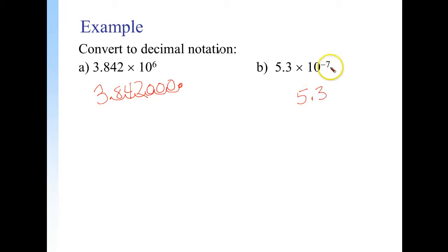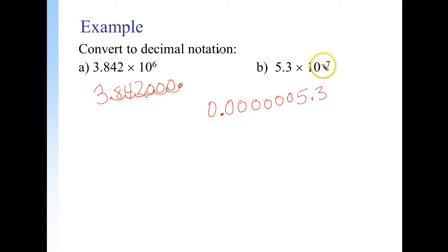Now here we have 5.3. How many places will we move the decimal? 7. But this time it's going to be to the left. So there's 1. So I have to add 6 zeros. 1, 2, 3, 4, 5, 6. And then that's where my decimal is going to go. And then I add another 0 to fix the place of the decimal.